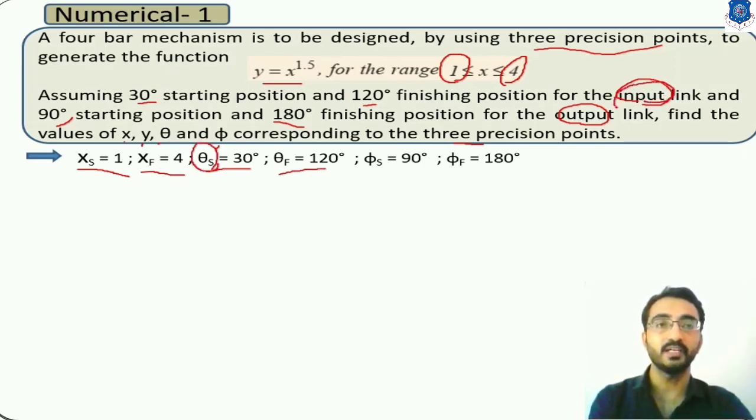So for the input link the angle is given as 30° starting and 120° finishing. So theta s is equal to 30° and theta final is equal to 120°. Similarly, for the output link the angle is given by the symbol phi, so phi starting is equal to 90° and phi ending is equal to 180°.